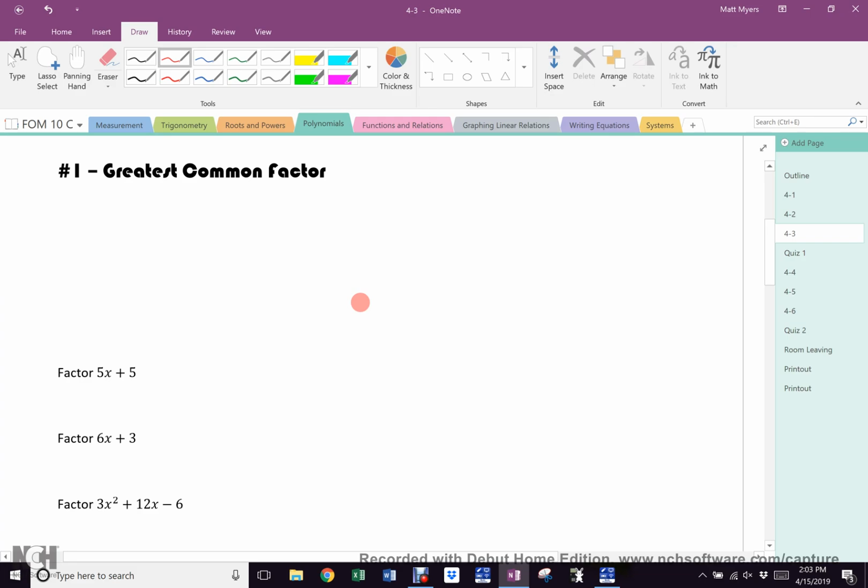So, please notice I've entitled this number 1, greatest common factor. That means it's the first type of factoring I'm teaching you, which means it should also be the first thing you try. All right? Always, always, always.